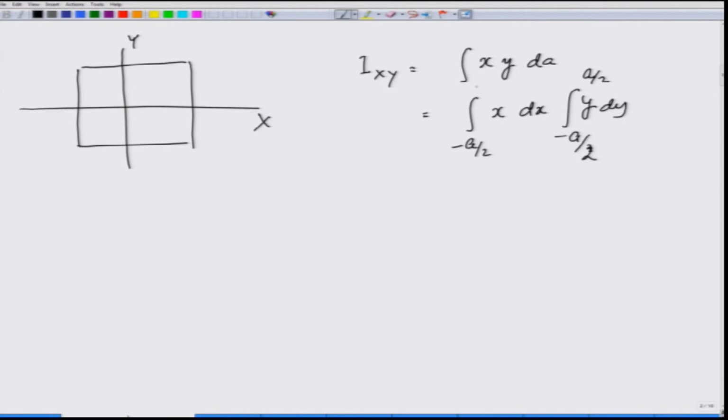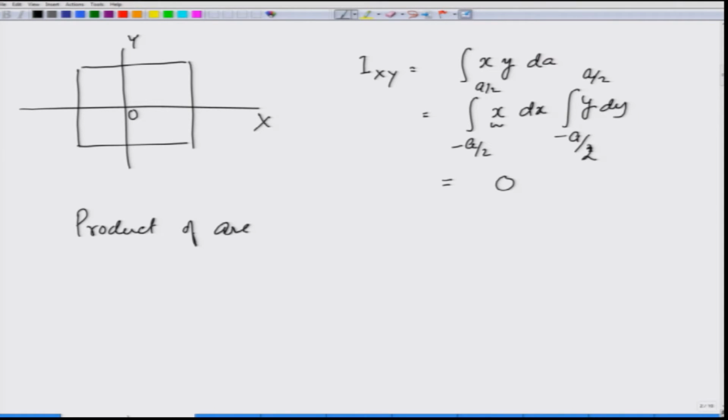This being an odd integrand going from minus a by 2 to a by 2, this becomes 0.